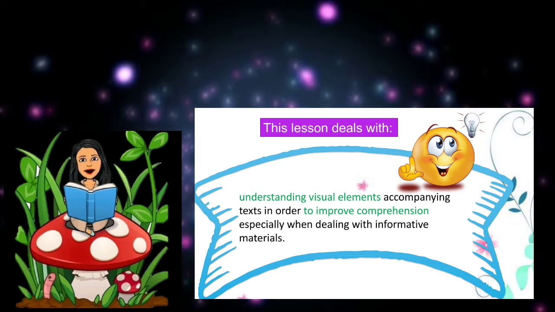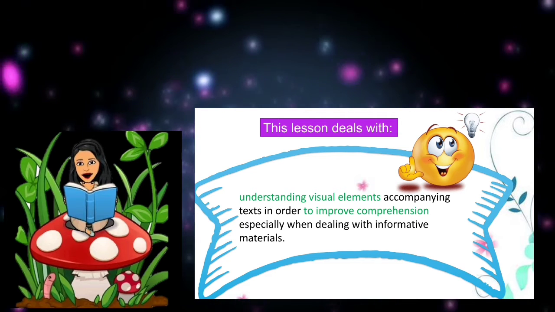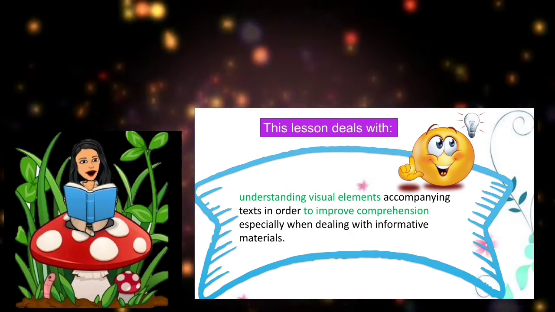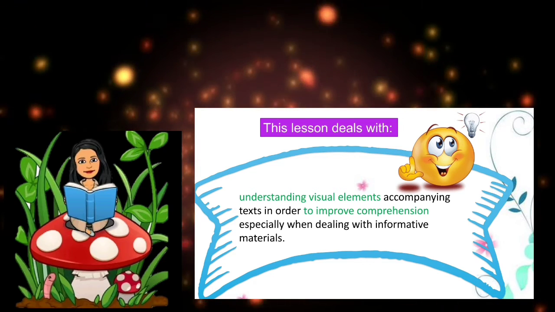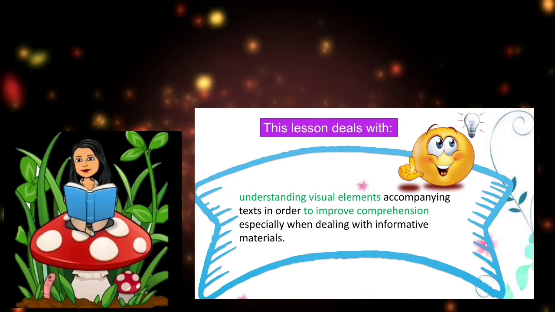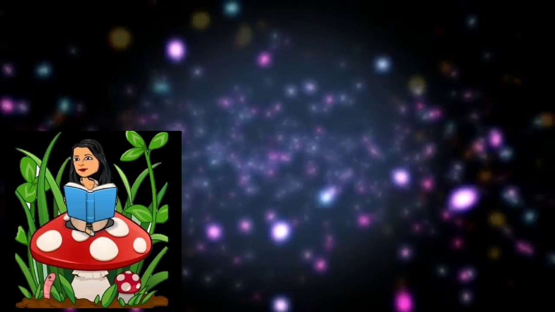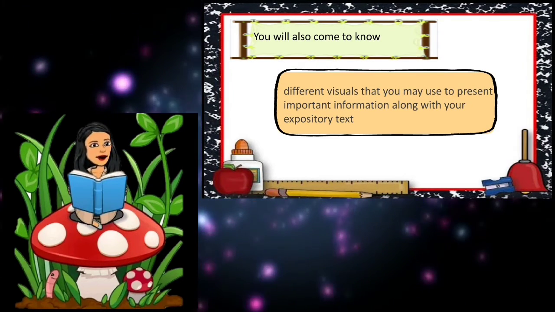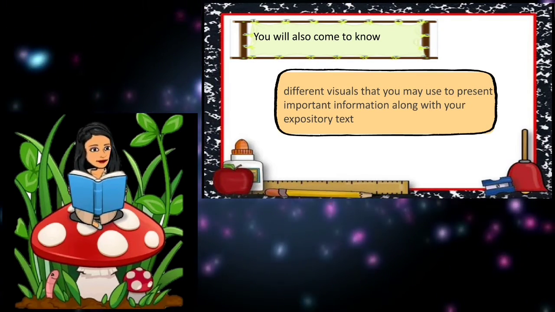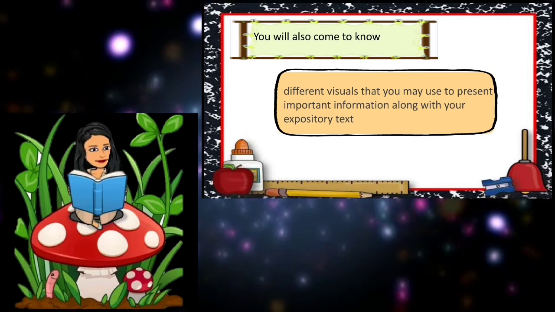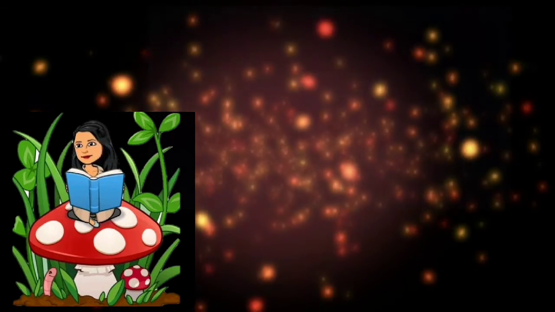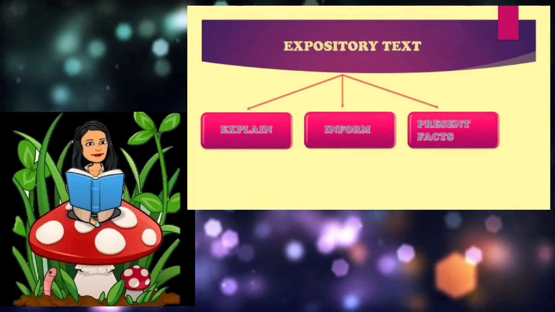So in this lesson, it helps you to understand visual elements that accompany text in order to improve comprehension, especially when dealing with informative materials. You will also come to know the different visuals that you may use to present important information along with your expository text. But wait, what is an expository text?